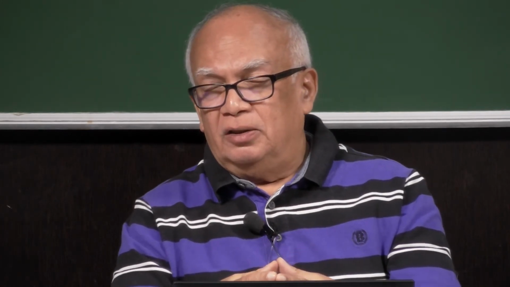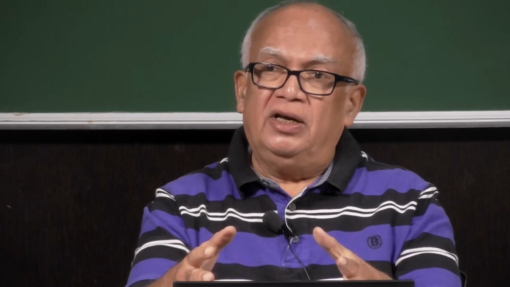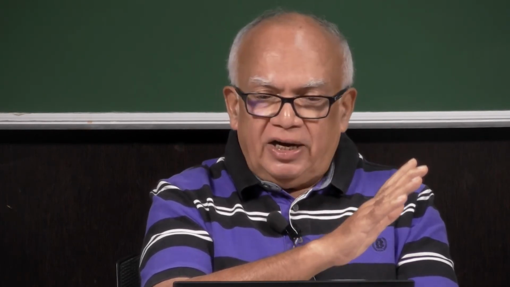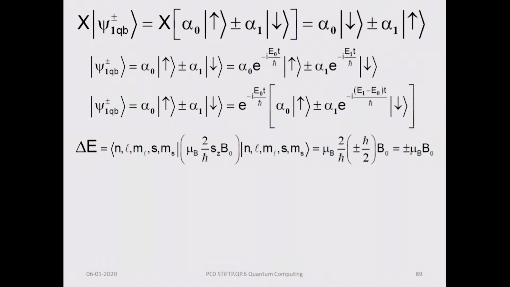We have reduced the two complex numbers having 4 real numbers to only 2 real numbers by factoring out, by dispensing with one overall phase factor, and this e to the minus i E0 t which we have extracted can be buried into it, right? So we forget about it. The other one has got a dynamic factor which is E1 minus E0 in units of h cross. When you divide it by h cross, you will get the circular frequency omega. Okay, E divided by h cross will give you the circular frequency omega.